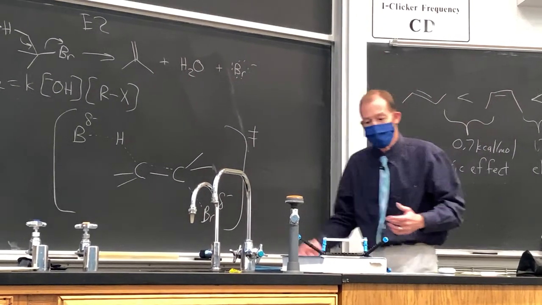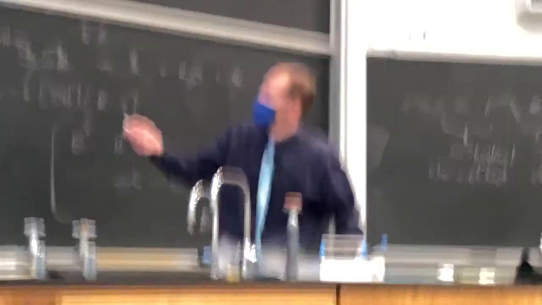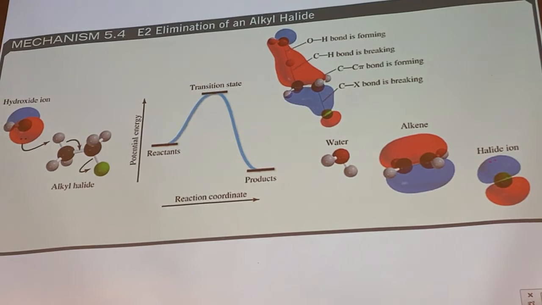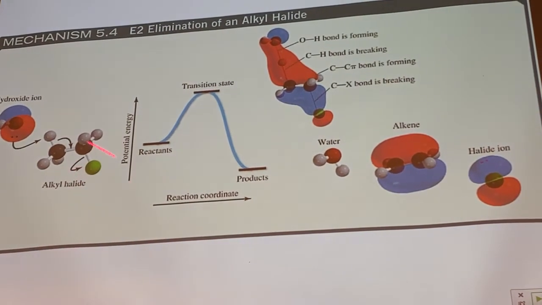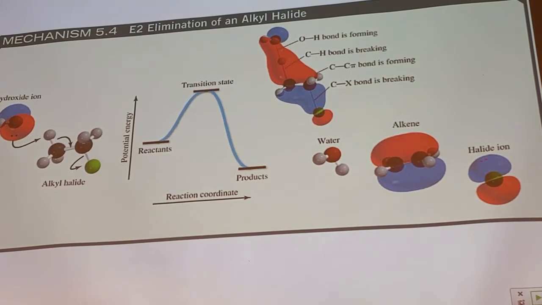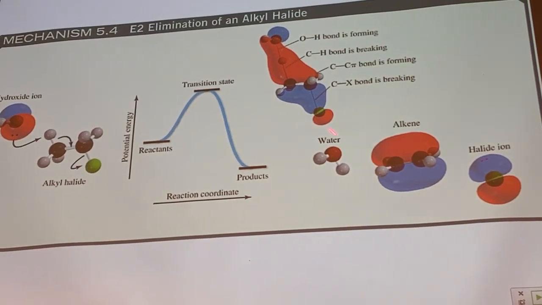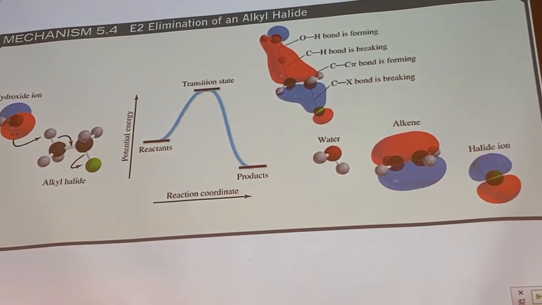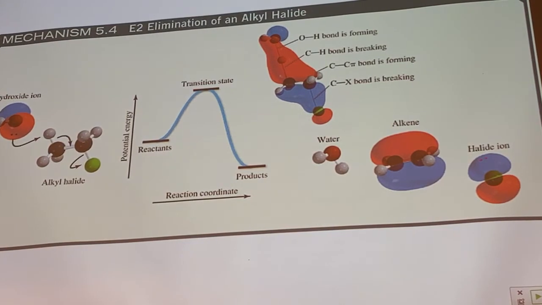It's somewhere in between. And if you look very closely at the way they've drawn the transition state in this figure, you can also see that. In the alkyl halide, it's our typical tetrahedral geometry. In our alkene, it's definitely trigonal planar, but here they're flattening it out. It's getting closer to trigonal planar, but it's not there.